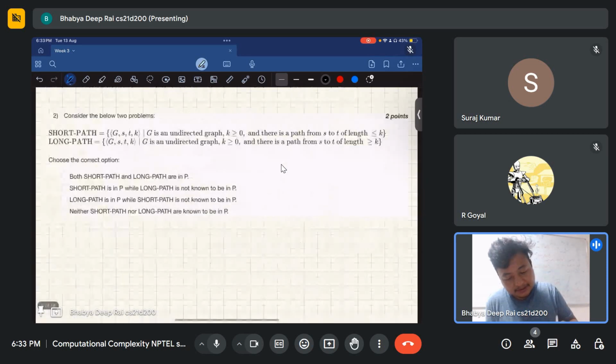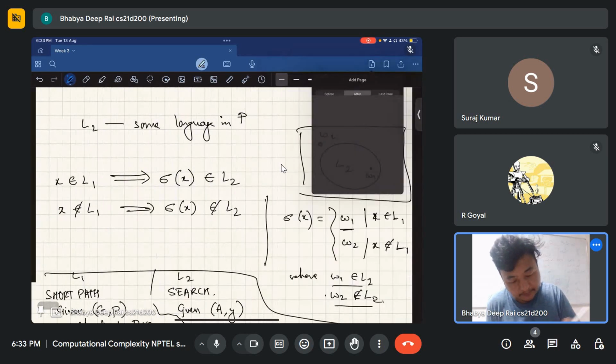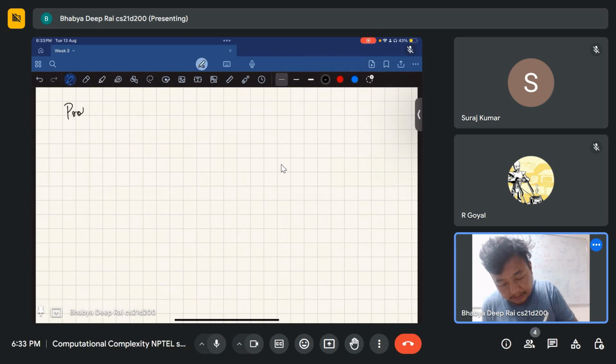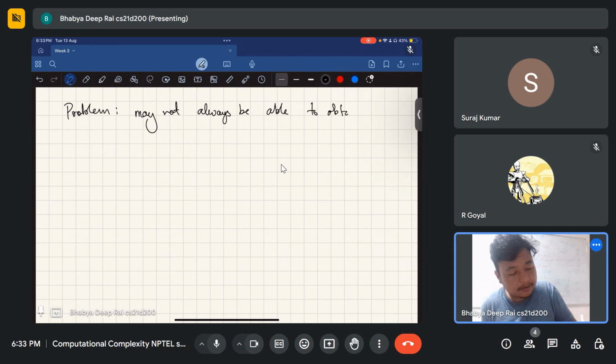The problem is we may not always be able to obtain suitable W1 and W2.